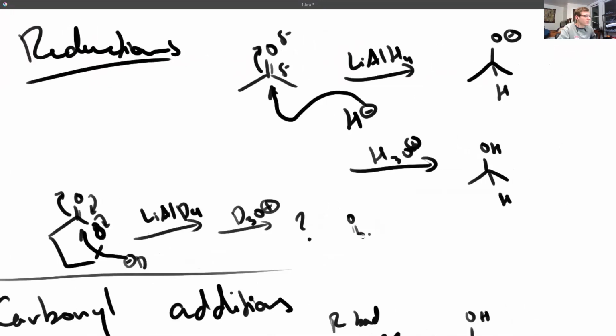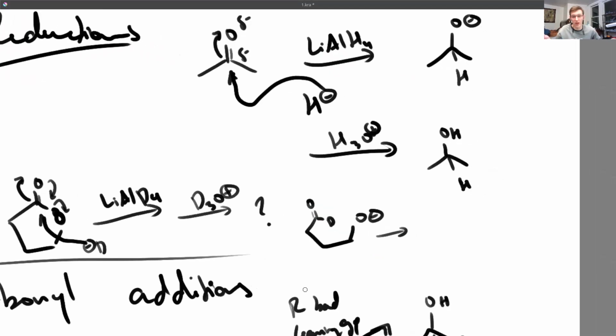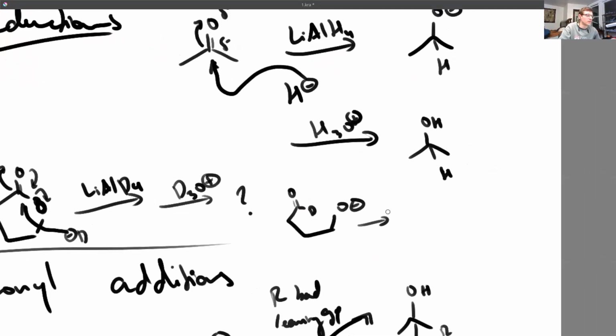So we will get this structure here, which is an aldehyde that we got back out at the end. So it's going to react again. And so now we're going to get an alcohol instead, with 2 deuteriums and an O minus over here.